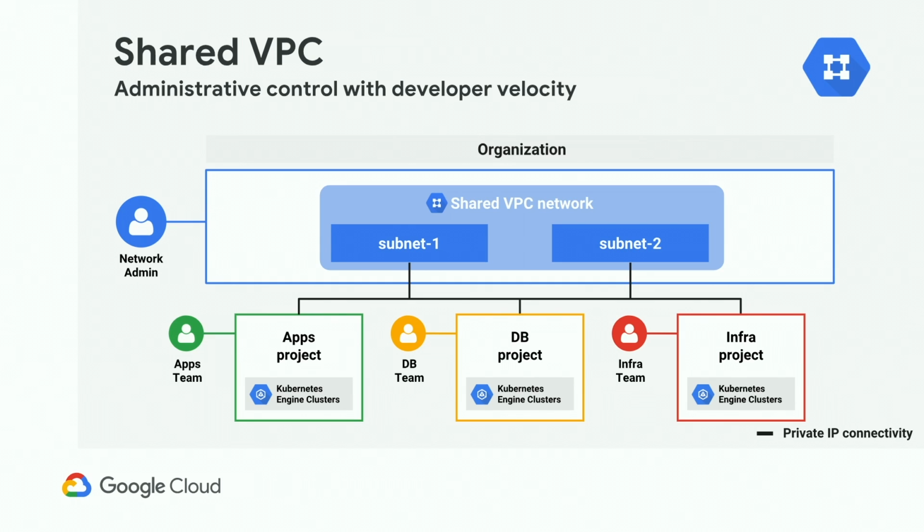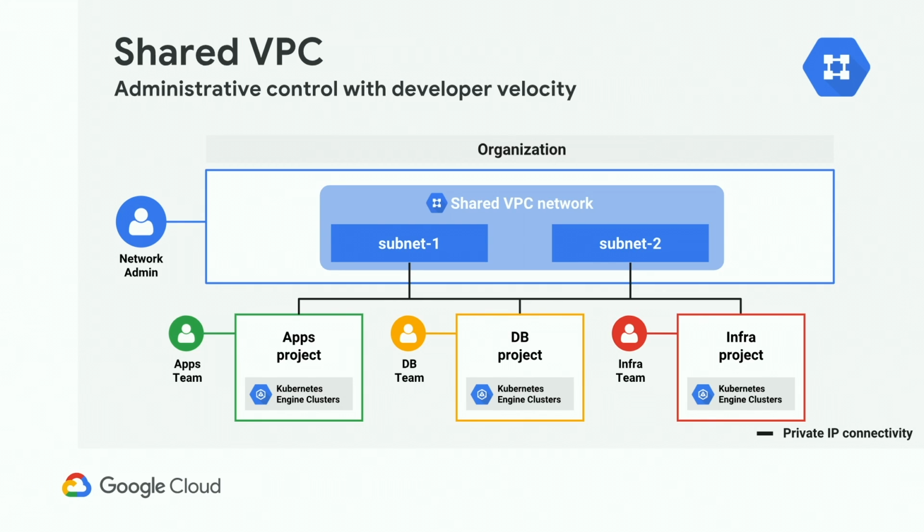So shared VPC deep dive, as I mentioned, there is a host project, and within the host project, there's a shared VPC network. The shared VPC network itself can be divided into a bunch of subnets. And then you give your app projects permissions over a single subnet. So you give them the compute.networkUser permission over a single subnet.